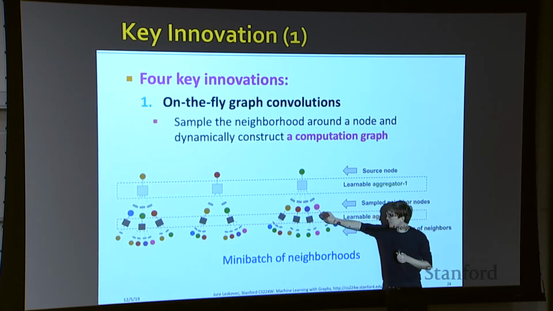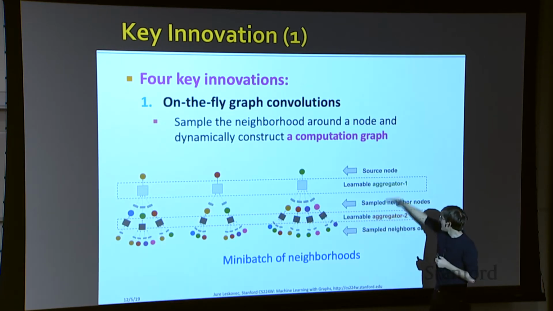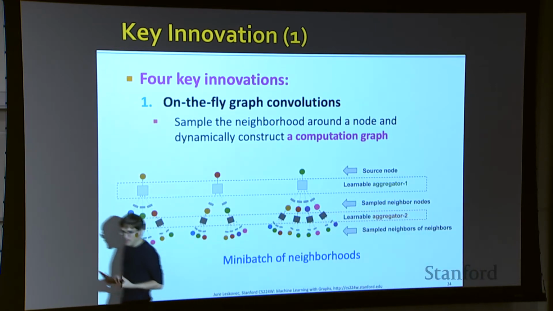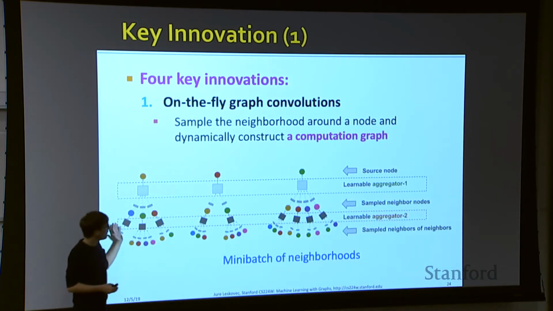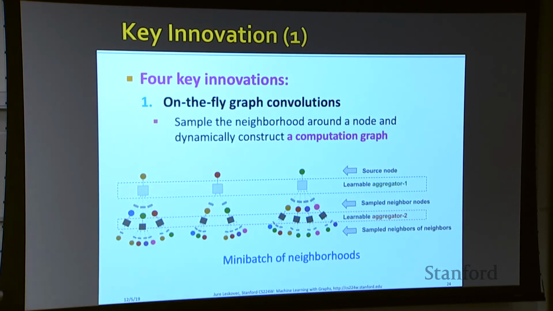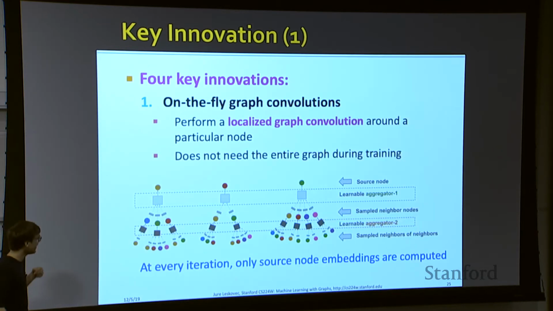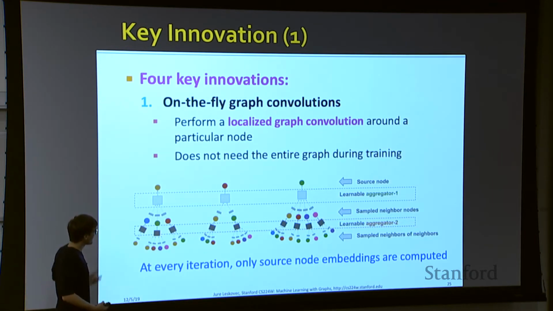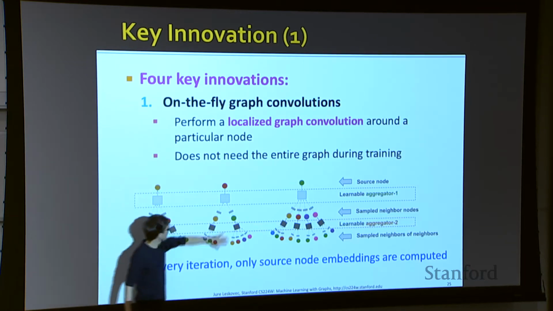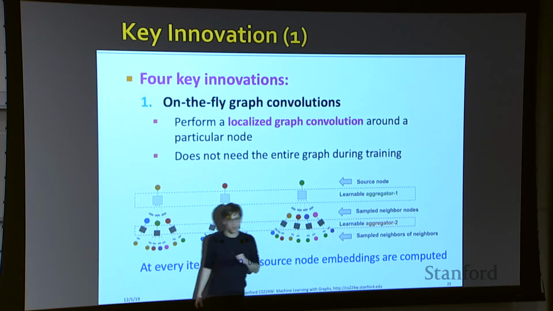There will be some way to aggregate features from the neighbors and transform them, and these two will be learned. The way this will work is that we will be able to generate a lot of these small computation graphs and send them to the GPU for processing. And at every iteration, at every computation graph, we'll be able to compute the embedding for a single node.